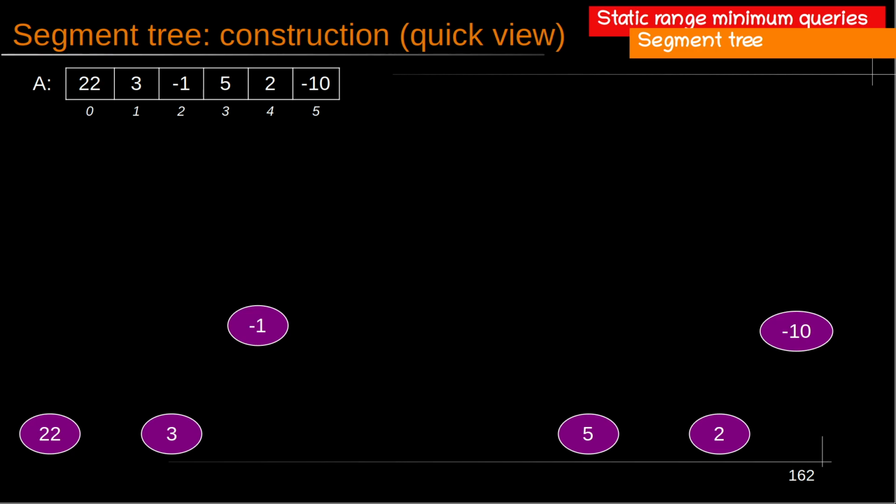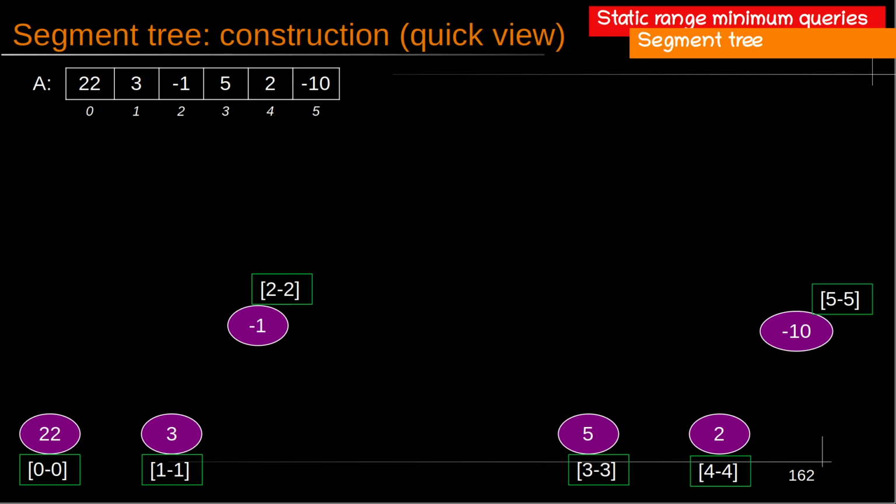Now we can build the segment tree because we have reached a leaf here. So the leaves are the elements of the original array: the range from 0 to 0, from 1 to 1, from 2 to 2, until 5 to 5.